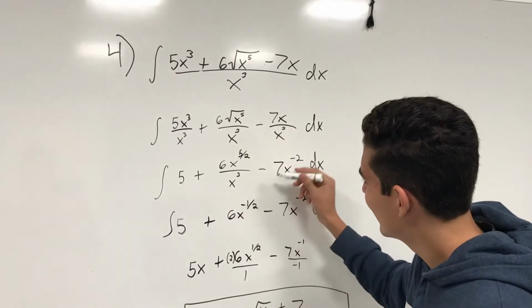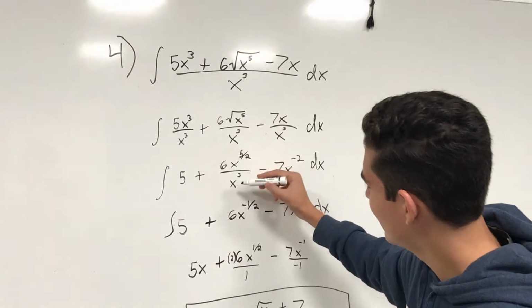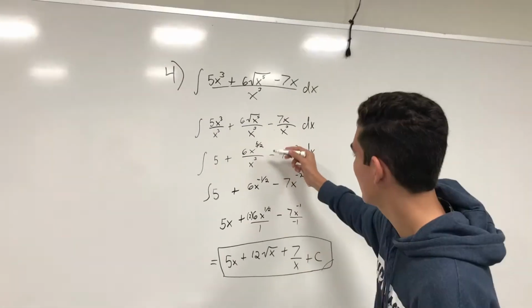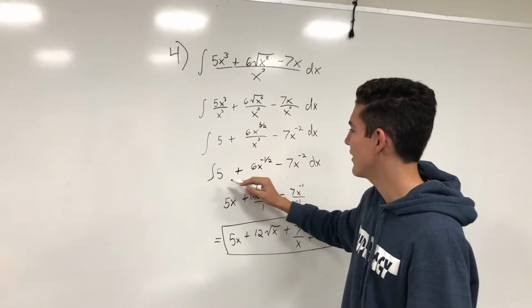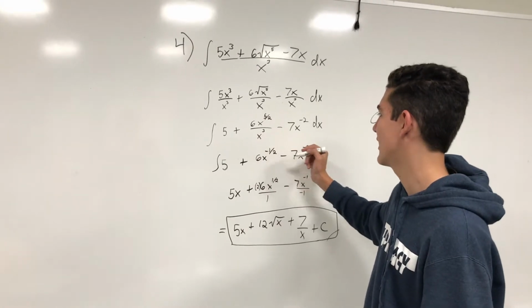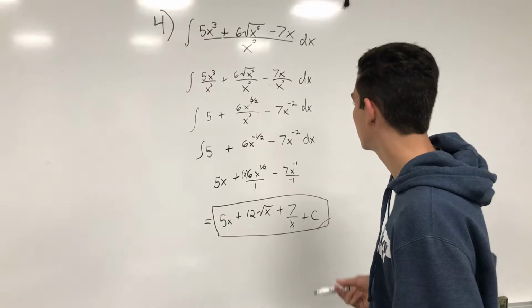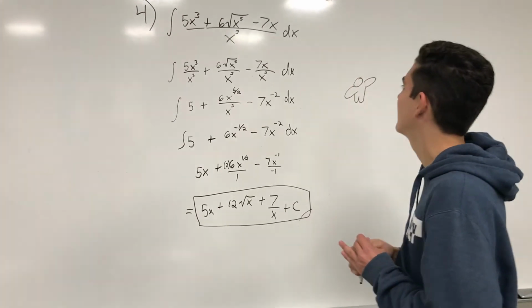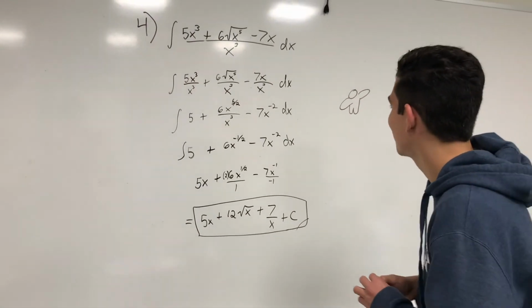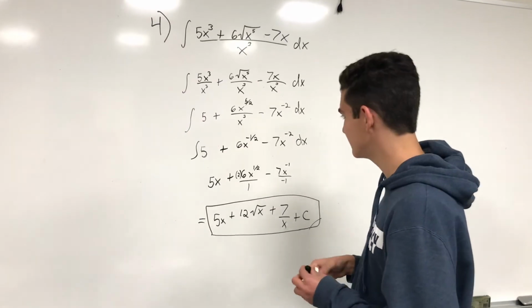And you gotta subtract this x to the third, so you get 5 plus 6x to the negative 1/2, and then you just have the negative 7x to the negative 2.